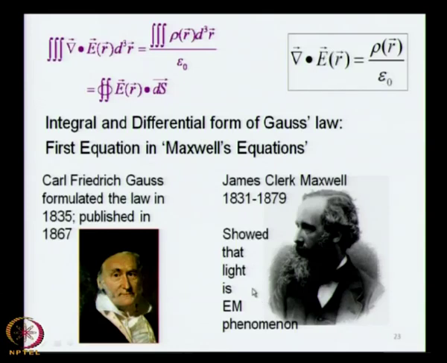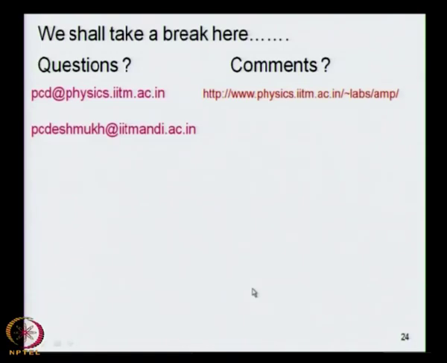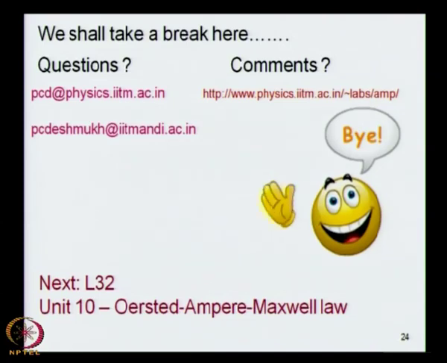So, that is the rest of the story for this unit 10, and at this point we will take a break. If there are any questions or comments, I will be happy to take, otherwise we will take a short break, and then in the next class we will discuss the Oersted-Ampere law, which then gets incorporated in Maxwell's formulation as a second law, or it gets into Maxwell's scheme of electrodynamics.